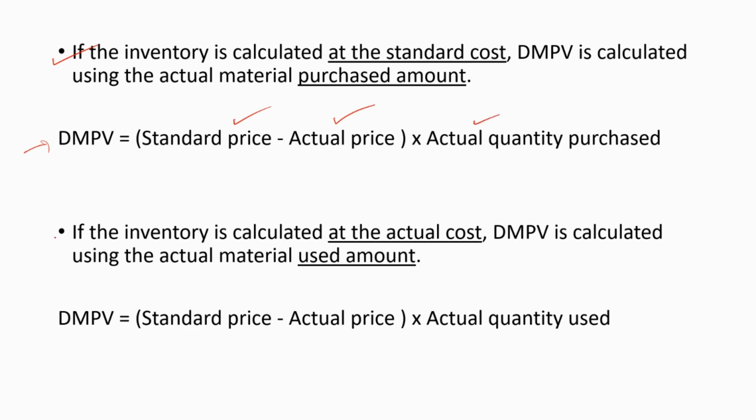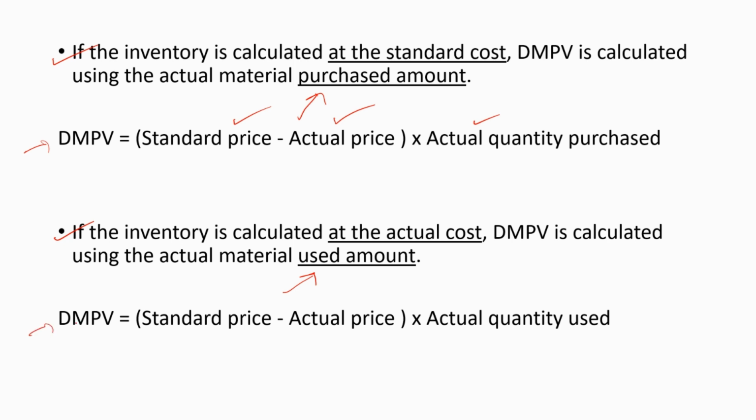And the other instance is if the inventory is calculated at the actual cost. Direct material price variance is calculated using the actual material used amount. So under standard cost, we use the purchased amount to calculate the direct material price variance. Under actual cost, we use the material used amount to calculate the direct material price variance.